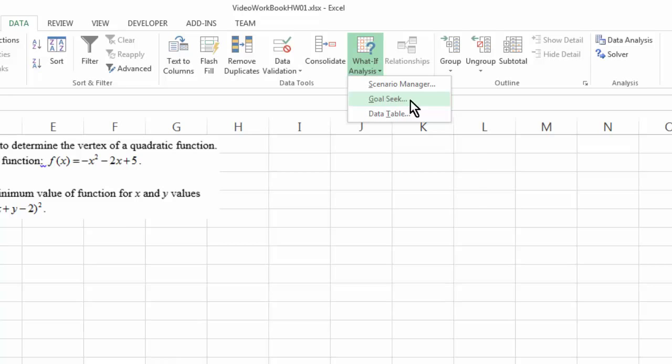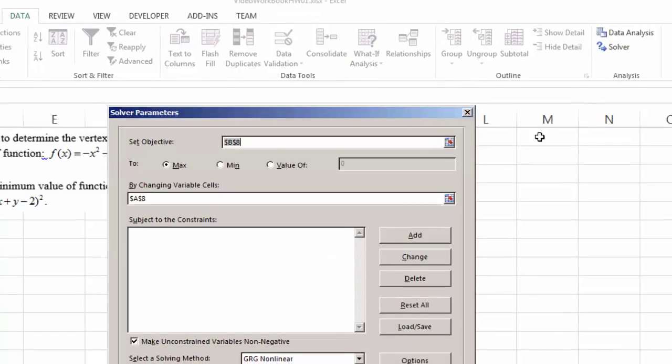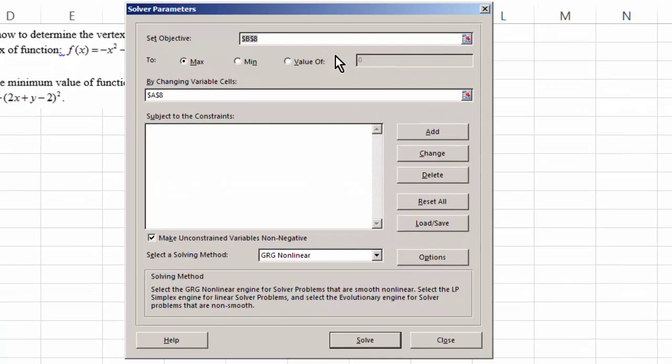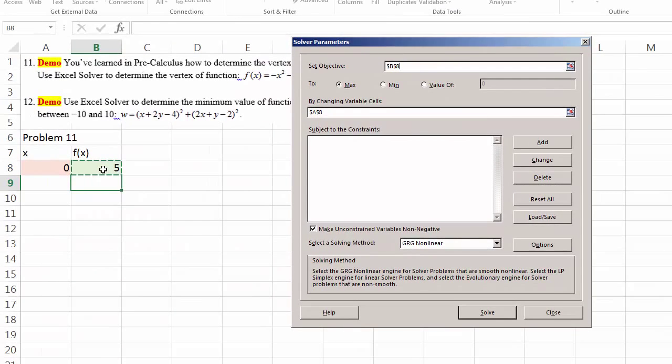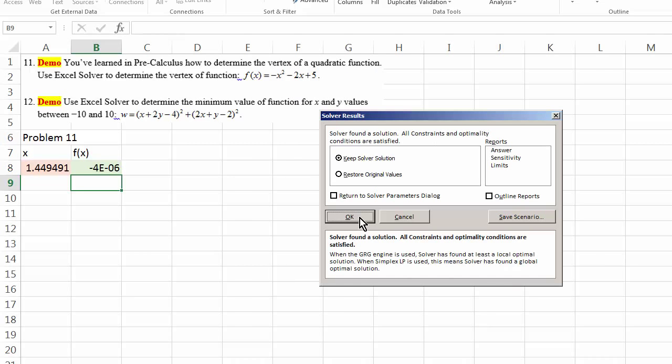In this case, we're going to use the solver, and as you can see, it has more options than Goal Seek. It can do the same thing as Goal Seek. Similarly, we have this objective cell, and I want to set a goal for it. In this case, for example, we want to set that to 0 by changing this cell right here. And we can solve. And the solver has found a solution.